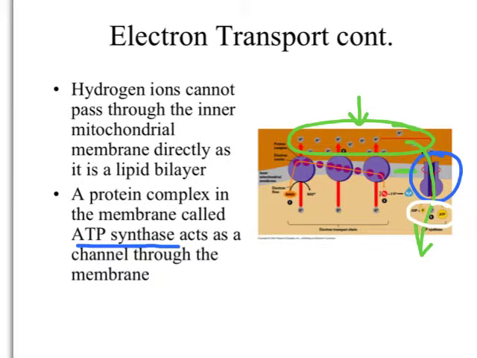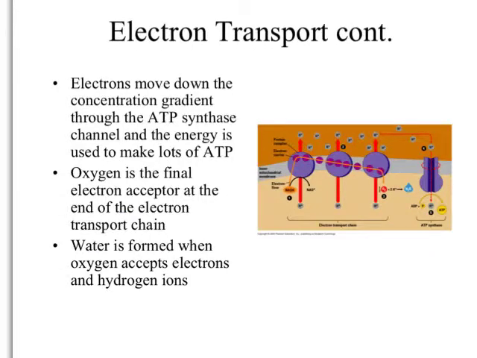As hydrogens are rushing through this ATP synthase protein, that energy is used to fuse a phosphate to ADP to make ATP. So that's what we see written here in this first bullet: the hydrogens move down the concentration gradient through the ATP synthase channel, and that energy is used to make lots of ATP.